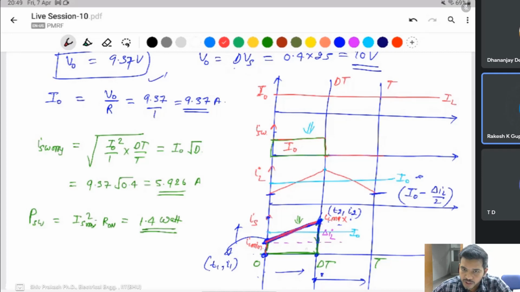This one is the switch current, and the switch current is not present in this time period. But this waveform is one cycle. That's why you take DT divided by T. The total time period is T, and the waveform is present only during the on time period.